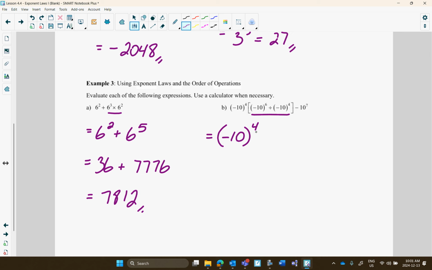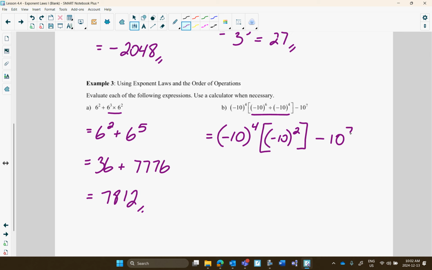The only thing that I'm doing is inside the brackets. What do I get when I divide these two? Right. And then I write -10 to the 7 because I haven't done it.